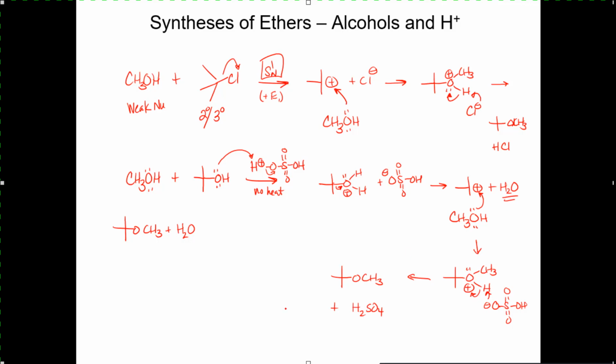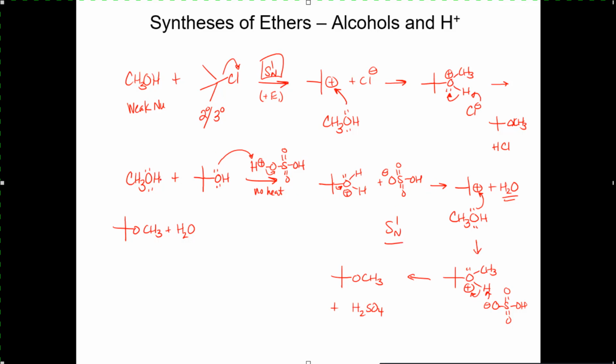So if we react two alcohols together, we can make an ether by using, in this case, how would we classify this mechanism? Would this be overall SN1, SN2? If you said overall this mechanism would be SN1, that's how I would classify it.